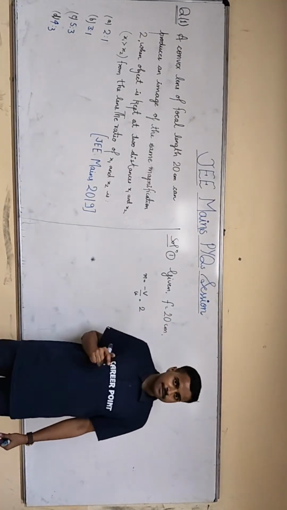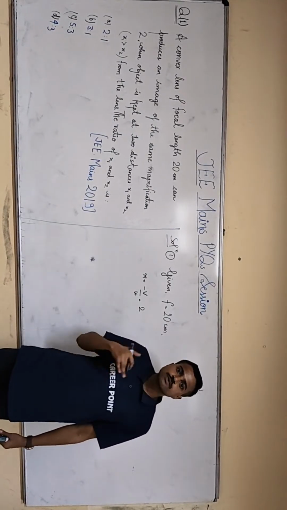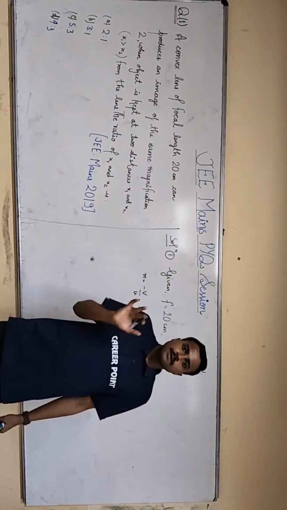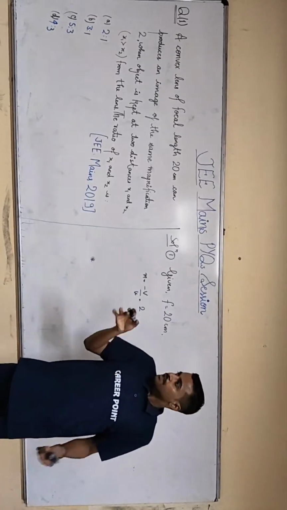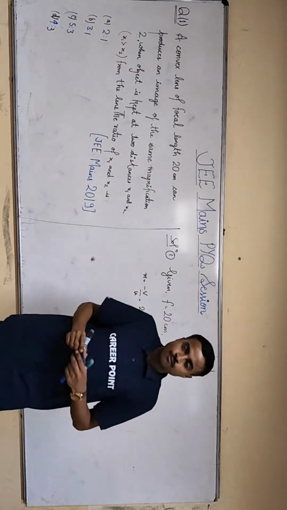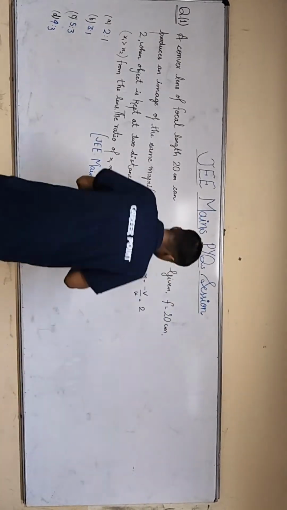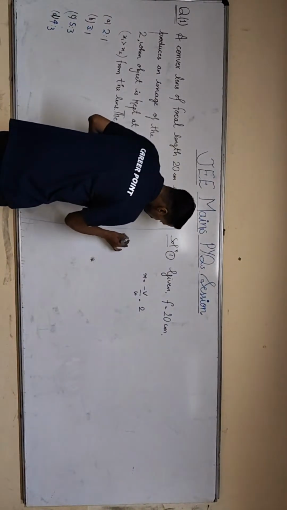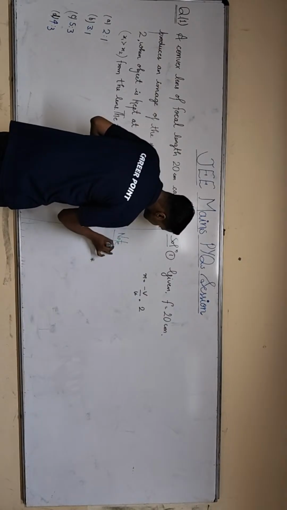Which type of image is formed? If the image is virtual, in this case the magnification should be positive. So before solving this question, let us learn the concept.